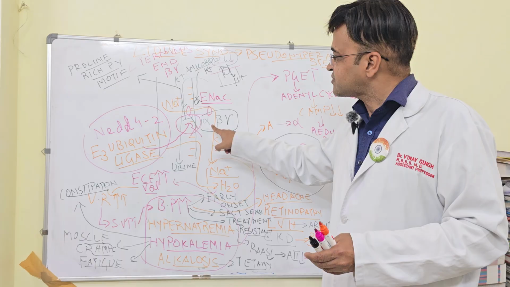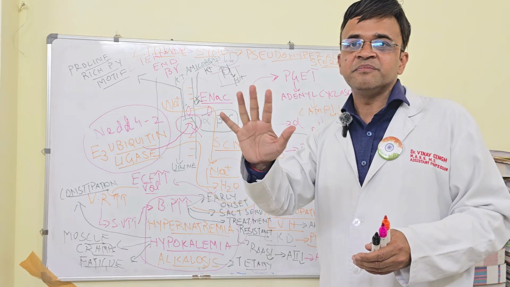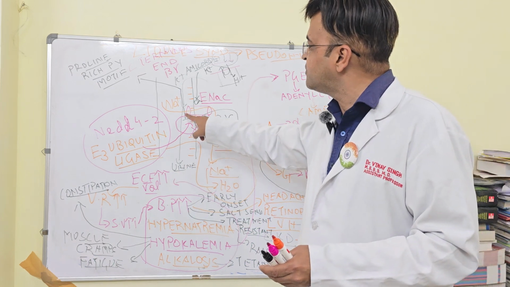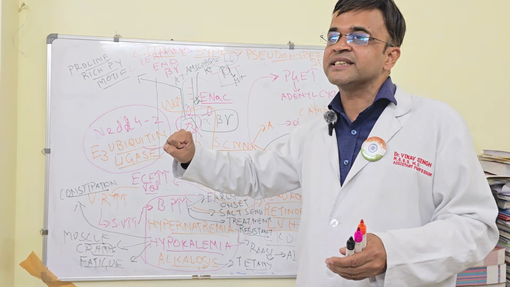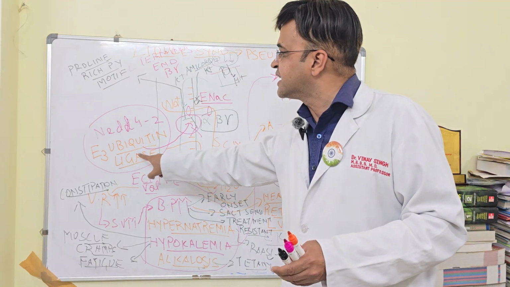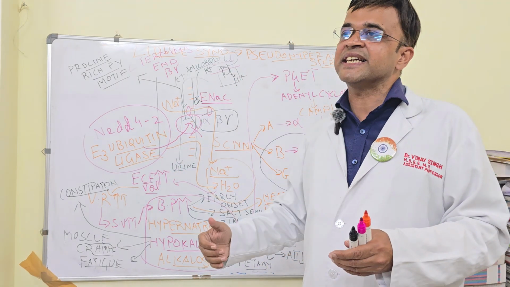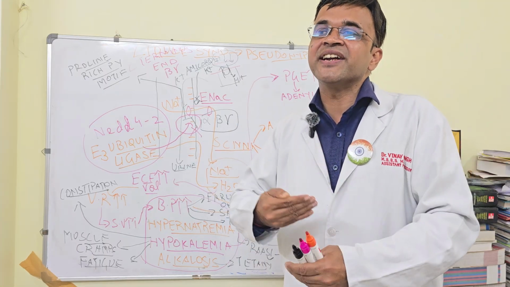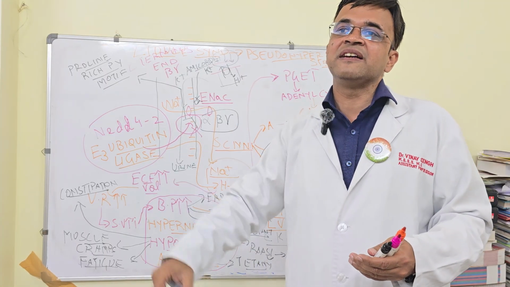It has three subunits, alpha, beta, and gamma. What goes wrong is that this PY motif gets deleted. When this PY motif gets deleted, the E3 ubiquitin ligase can't bind with the ENaC channels. So the ENaC channels won't get degraded. The ENaC channels are going to survive longer.